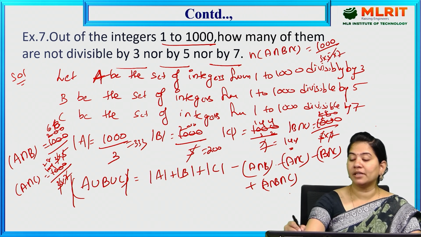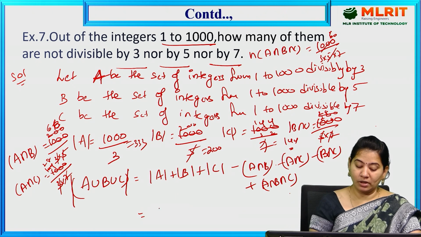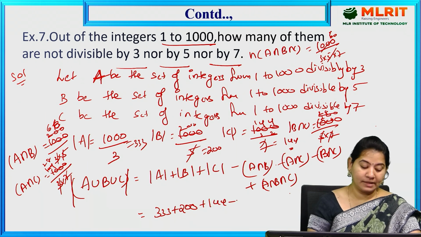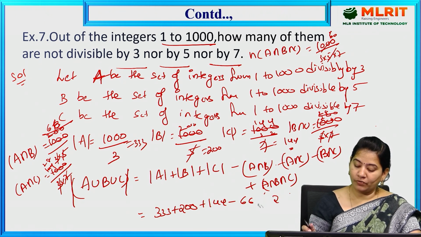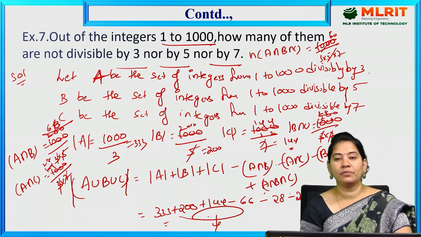So whatever the answer you are getting here, some 60 or something, you need to substitute all here, which is nothing but 333 plus 200 plus 144 minus N of A intersection B, which is 66, minus 28, and minus B intersection C, which is 28, and whatever the answer you are getting, for example here 20. So the final answer is the conclusion for this question.